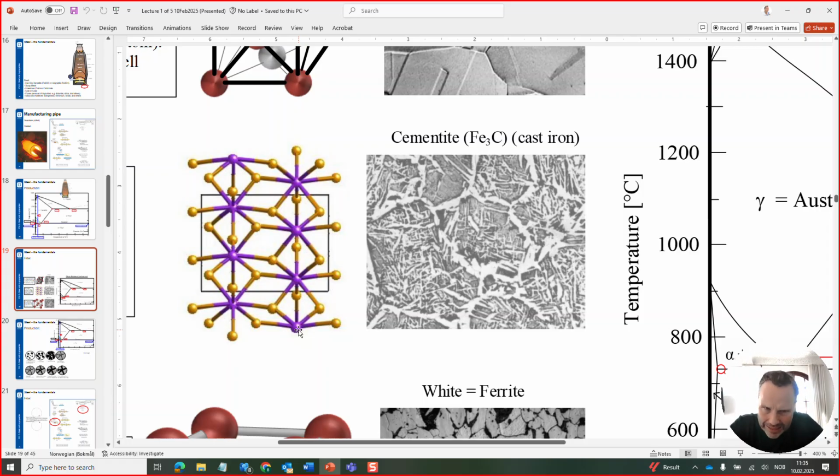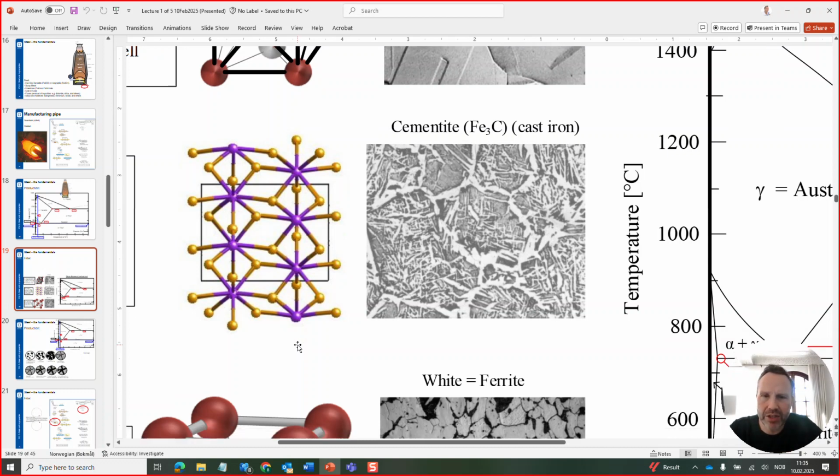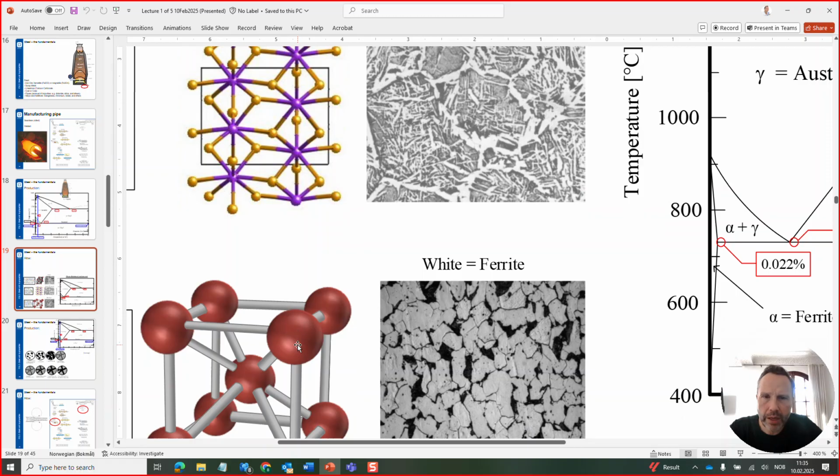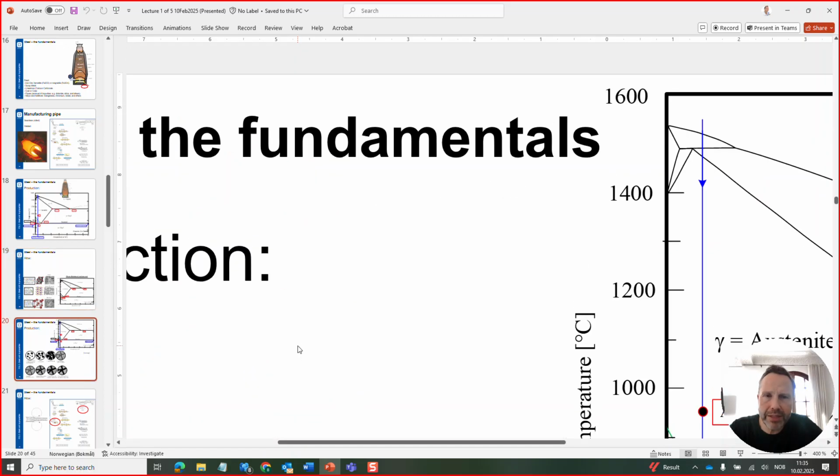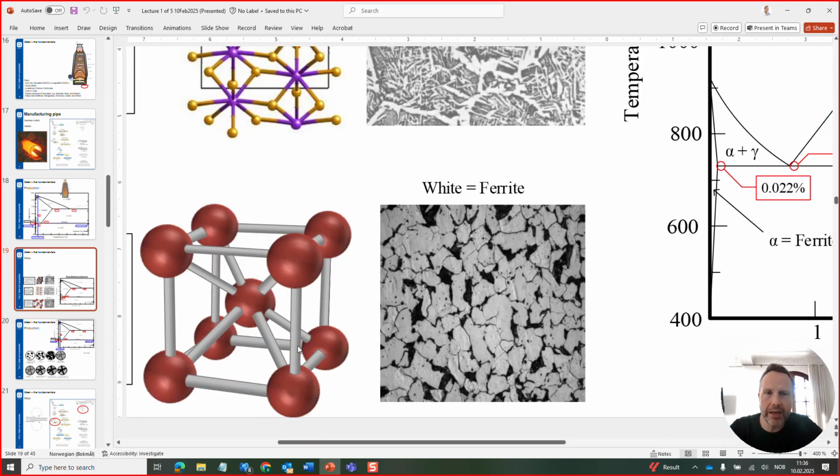So that's why it has this strange brittle and specific nature of cast iron. The BCC structure that we see here is a ferrite, and we see the grain structure of it, the white part being ferrite.